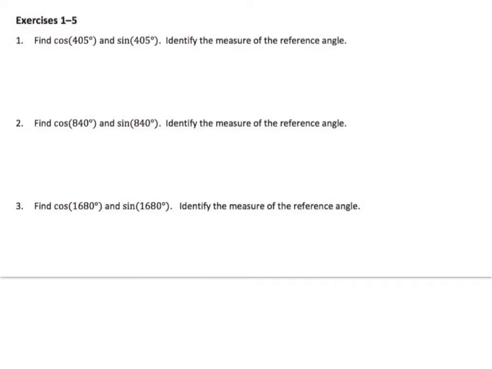I'm going to do the first one, and then I'll give you the answers to the next few, and you can check yours on your own. First I need to figure out what my reference angle is for 405. Looks like I'm going around one time, so 405 minus 360 is 45 degrees. I need to figure out what quadrant that is so I know if my answer is positive or negative.